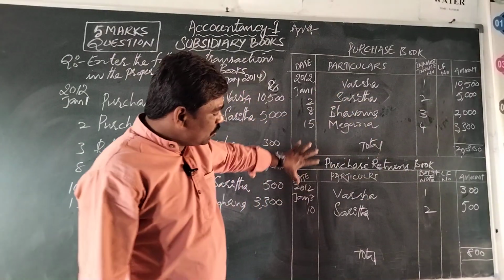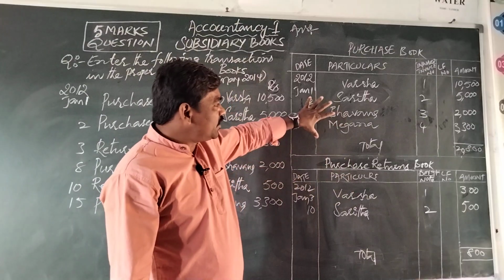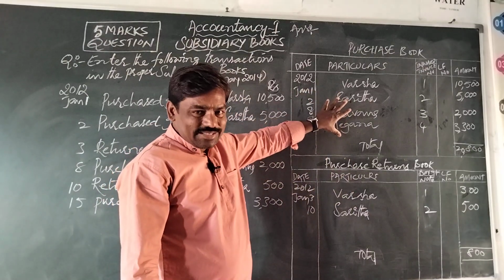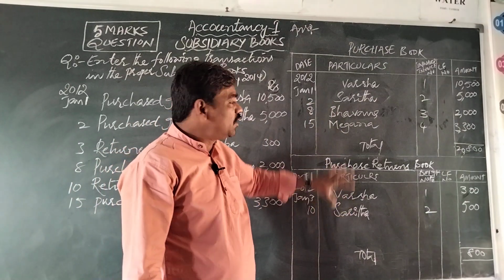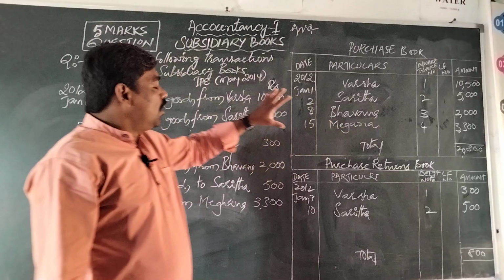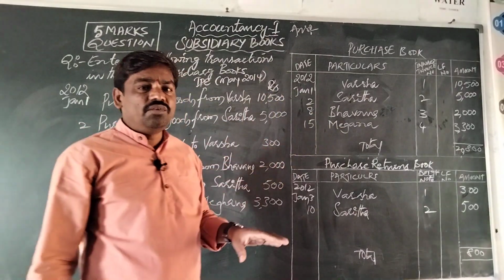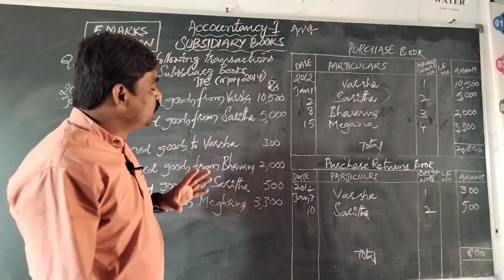We prepare the proformas of both books, enter all the transactions, calculate the total and show the total amount. If you prepare like this, you will get 5 marks in the annual examination.